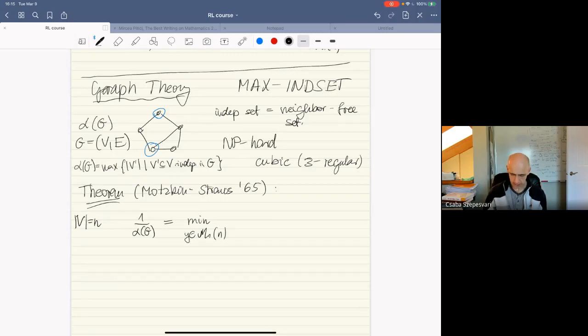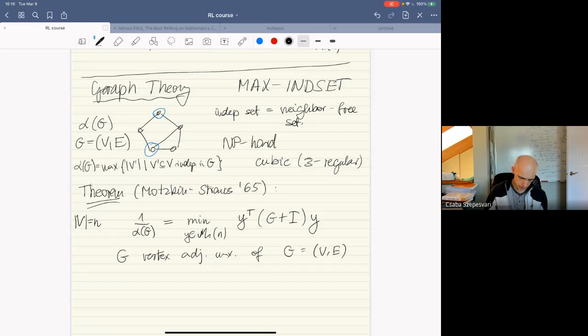So you take all the elements of the simplex, and you minimize the quadratic expression underlying G plus I, where G is the adjacency matrix of the graph. That's overloading the notation, but it's the standard thing to do.